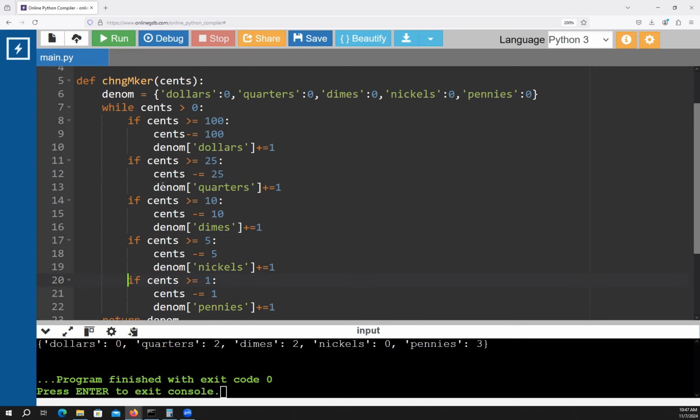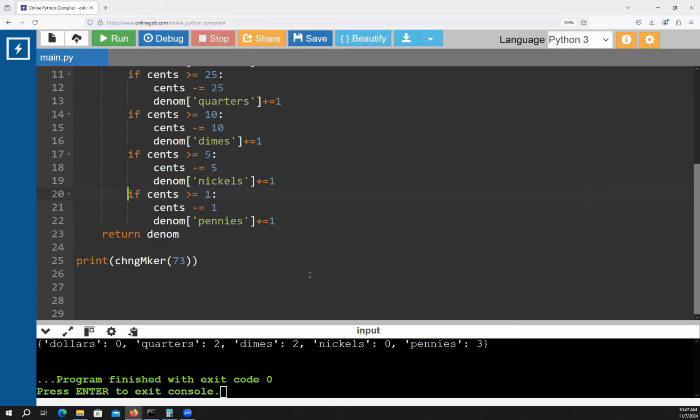Because when you have ifs, these ifs are all logically isolated. So if any of them are true, they're going to be pursued, and you're going to end up with a bit of a mess. So let me get my big amount in here again, 23.55, which of course should be $23 and so on.